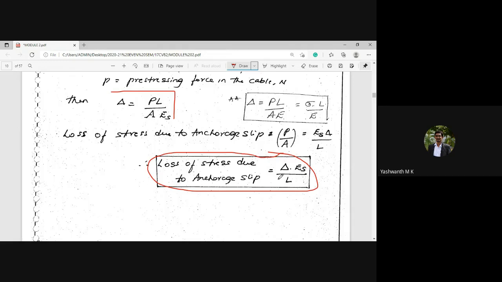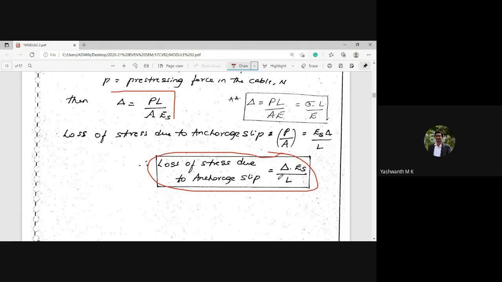In this module number 2, you are learning that the initial pre-stress induced in module number 1 will undergo certain losses. Those losses will vary depending upon the type of tensioning system, that is pre-tensioning and post-tensioning. That has been discussed in this particular session.